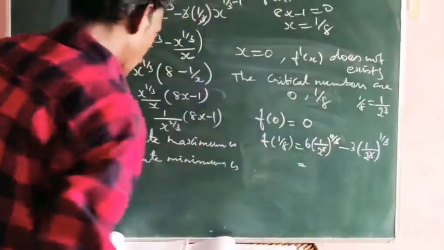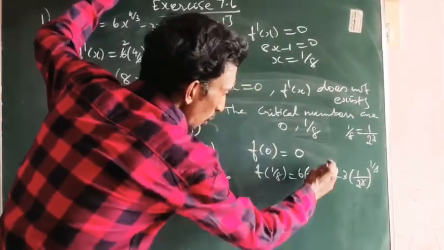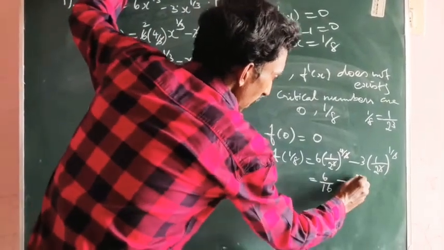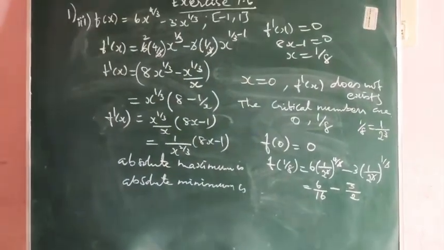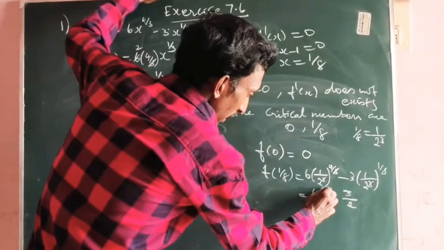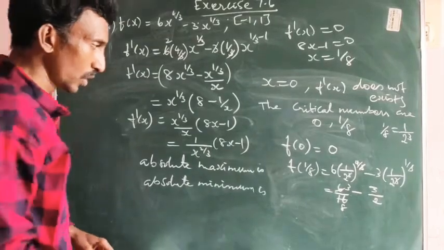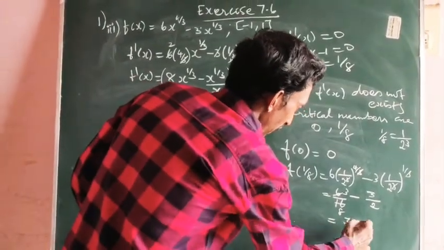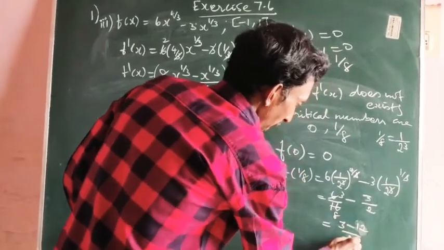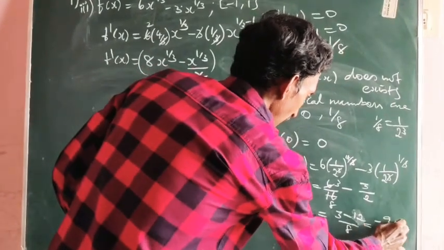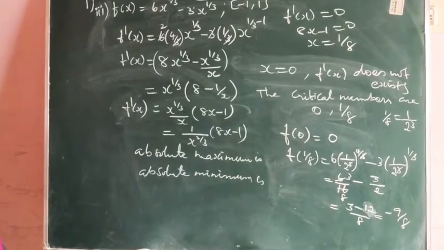Simplify it: 6 by 2 power 4 is 16, minus 3 by 2. So cancelling, 3 by 8 minus 3 by 2. Take the LCM: 3 minus 12 by 8, so minus 9 by 8. So we are getting f of 1 by 8 equal to minus 9 by 8.